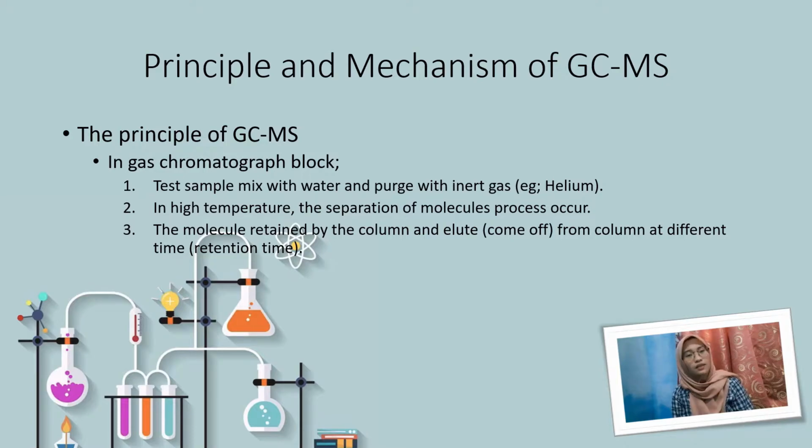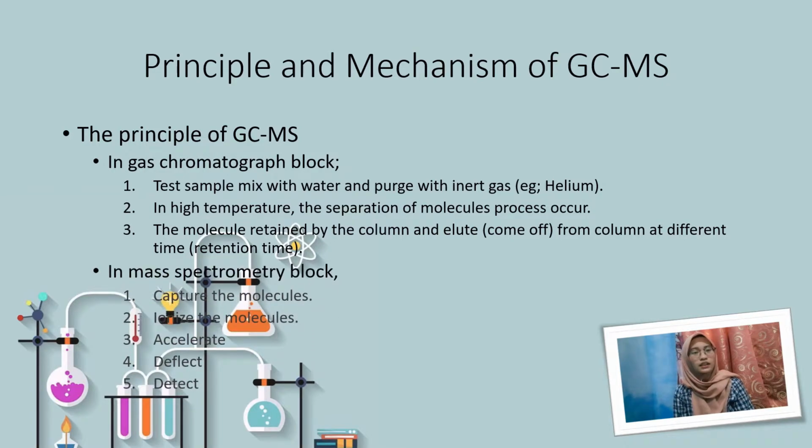And in the mass spectrometric block, the molecules are captured and undergo an ionization process, which is to break the molecules into ionized fragments. There are three ionization methods, for example, electron ionization, cool ionization, and chemical ionization.